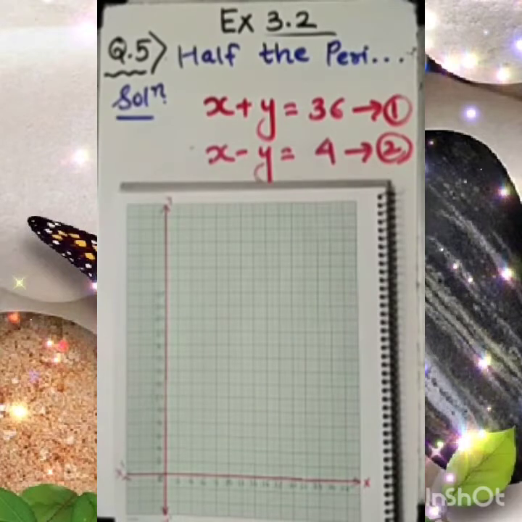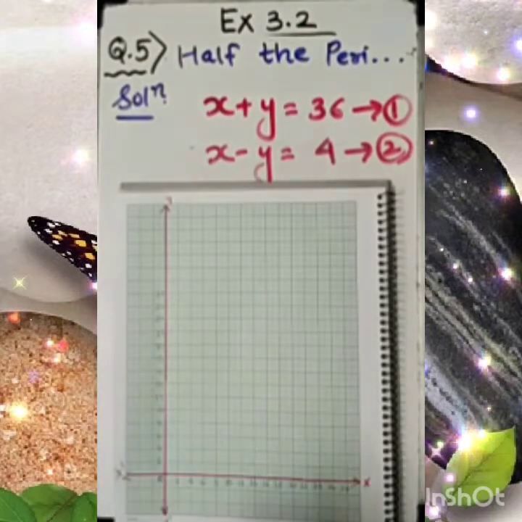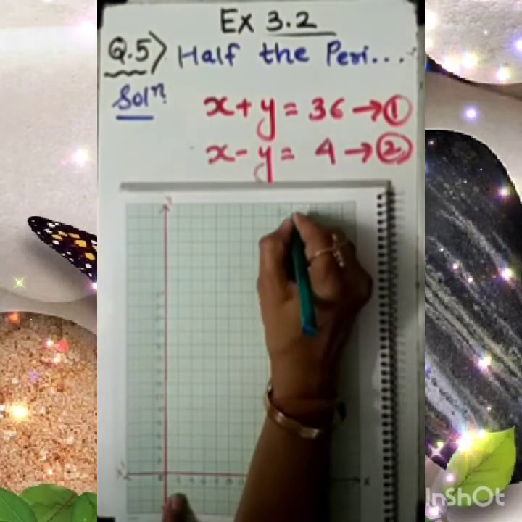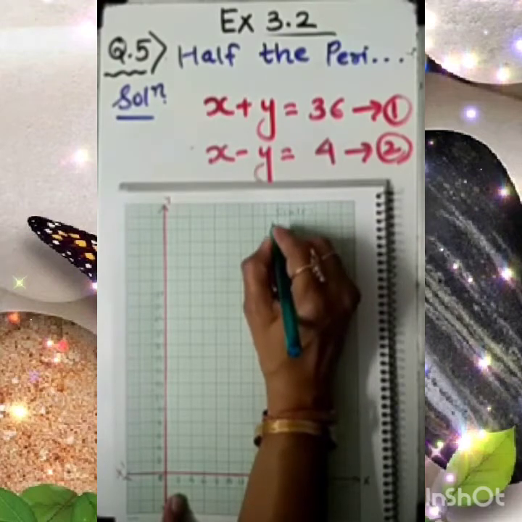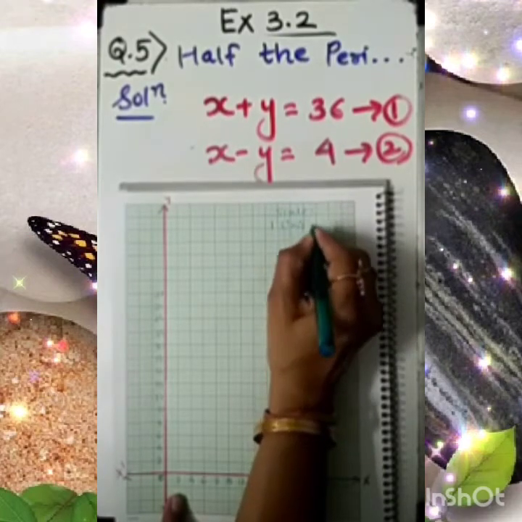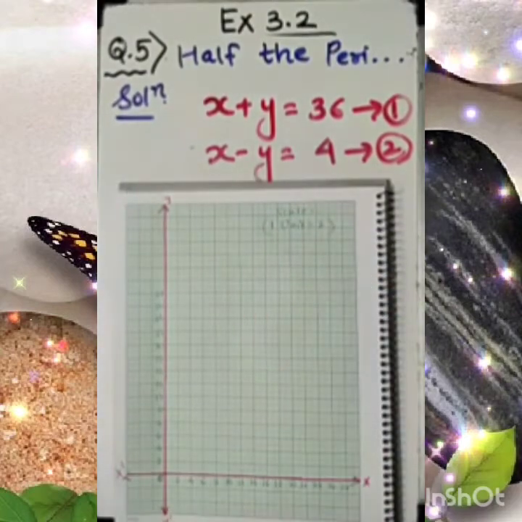Fine. Now it's time to locate the points on the graph paper. Be ready for that. Scale as we have chosen, we can mention here scale on x-axis and y-axis both, 1 unit equal to 2.